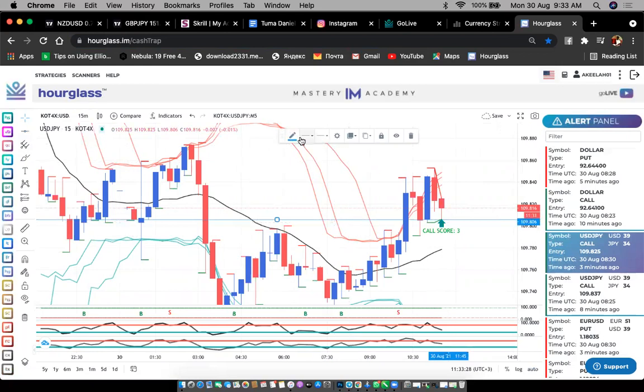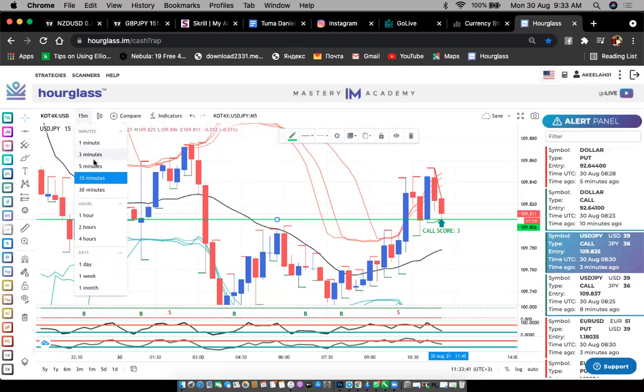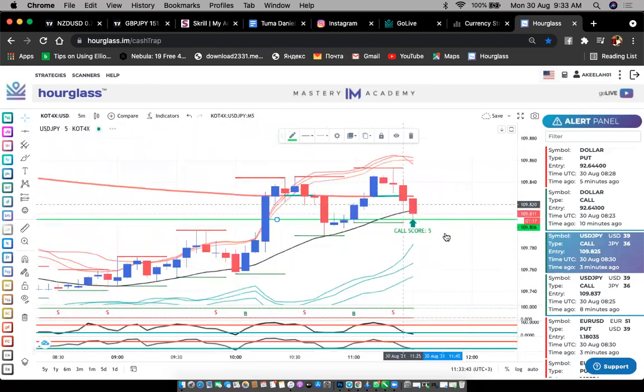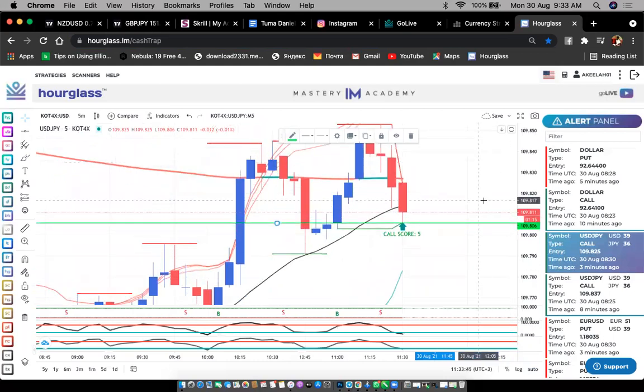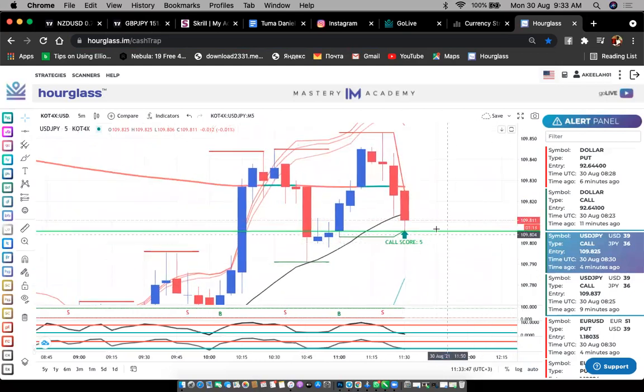I saw that that place is a support. I made that line green so that I can see it very well, made it bolder. So immediately I did that, I came to 5 minutes and looked for the trade to hit my price. That's even a 6 score. Once it comes down to hit it, boom, you go in.